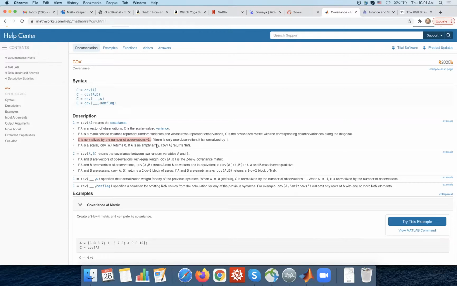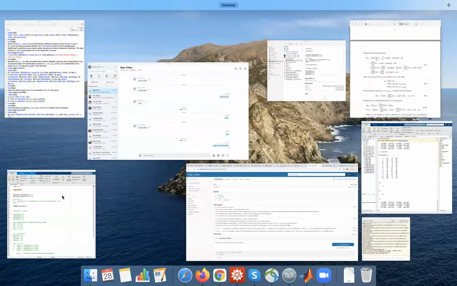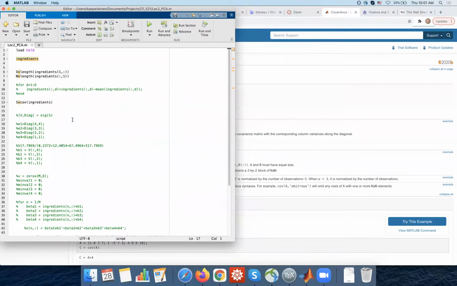This is the standard that it does here. If you don't like it, there's probably a way to undo that. So I'm happy doing that. So the covariance matrix that it computes is already normalized the way that we want it. Okay, so now I have my covariance matrix.